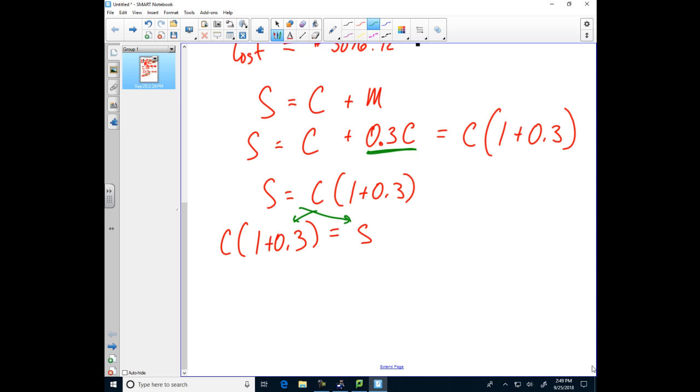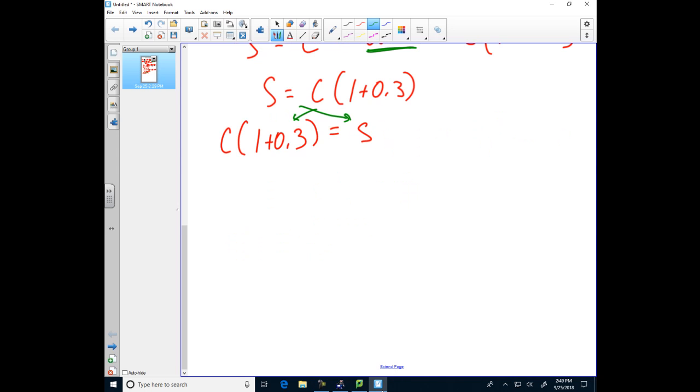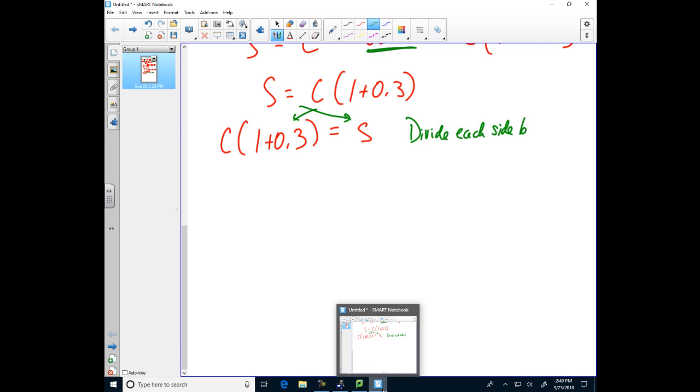Okay, didn't change a thing, did I? I just flipped them around so they'd be in the right little form here. And now here's what I'm going to do. Divide each side by this. Okay? So now I've got C equals S divided by 1 plus 0.3. So that's where it comes from. That's how I got there.